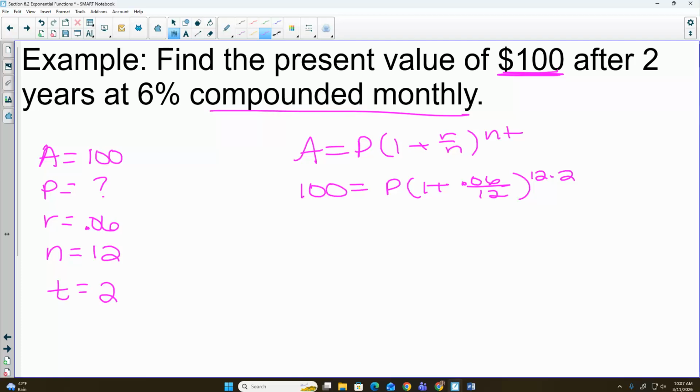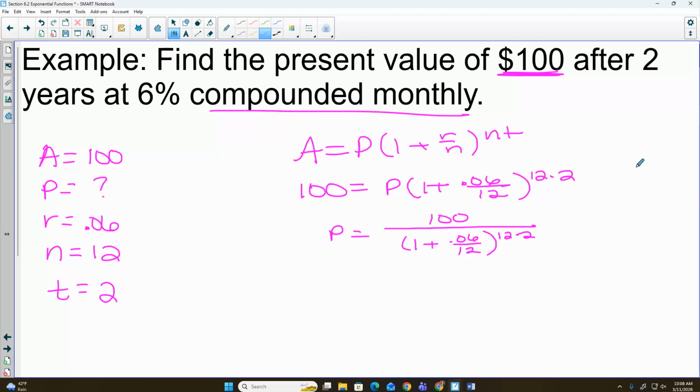So I'm plugging these things into my formula. All right, how would I get P by itself? 100 divided by this whole thing. You're welcome to simplify it more if you want.